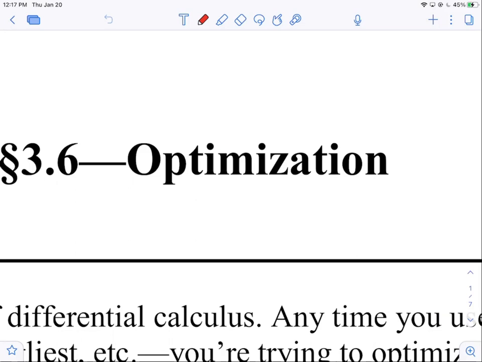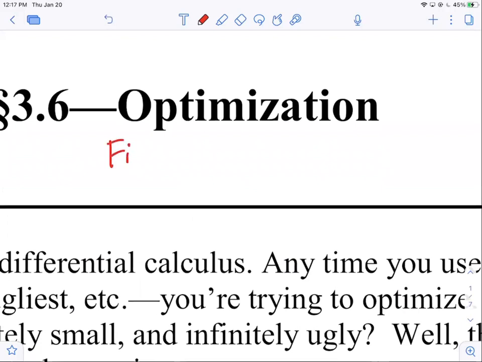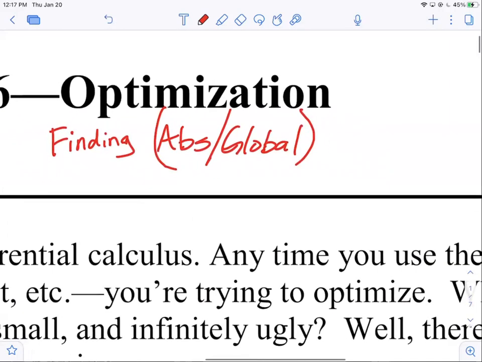And that's all optimization is. Optimization is basically finding absolute, which we also called global, max or mins. We already know how to do that, right?